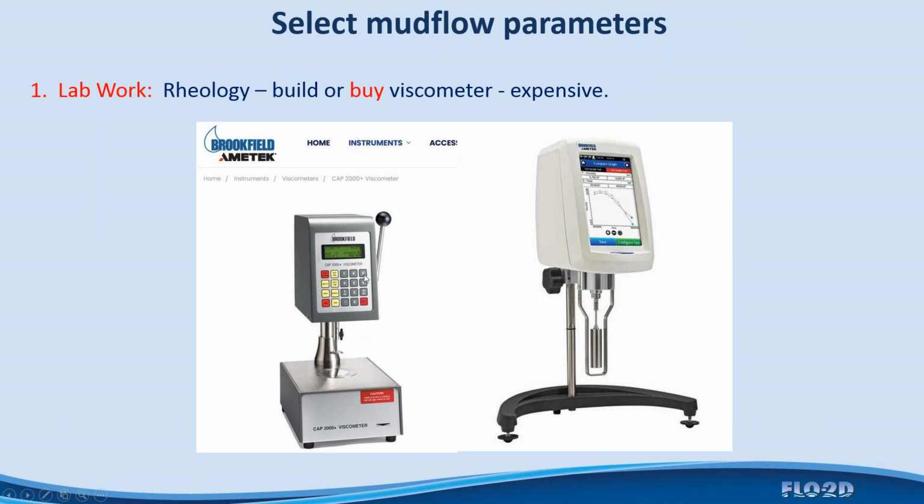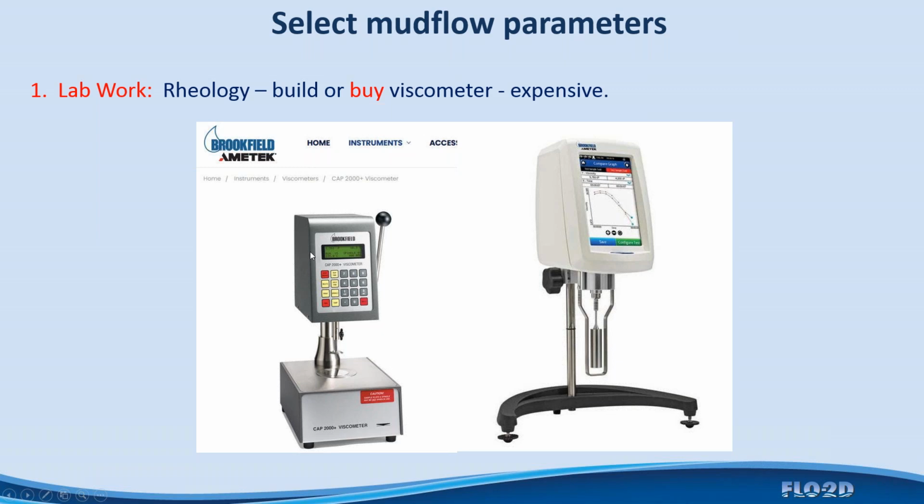I think this one is like $5,000 plus, and this one is from $5,000 to $9,000, something on that order. But if you go to the Brookfield Amtech website, you can actually order these online.